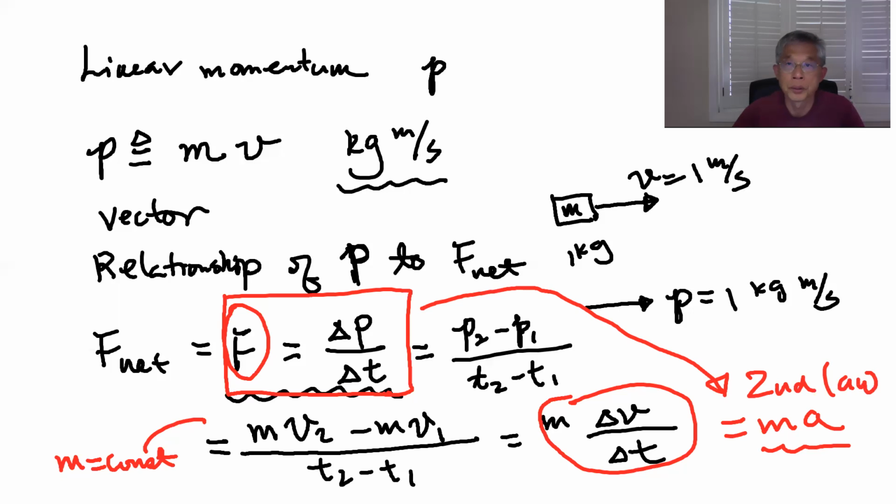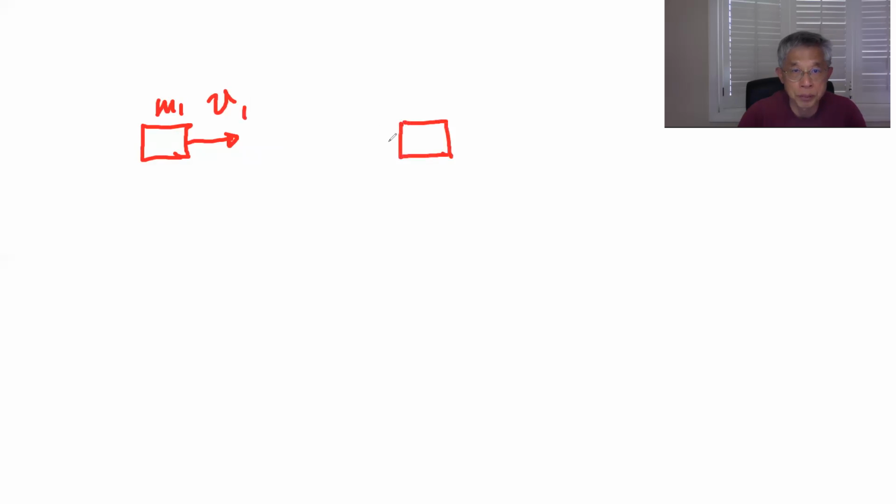All right, so we're going to continue to conservation of linear momentum. So we're going to talk about if I have a mass that's going this way, so m1, v1, and I have another mass that's going this way, for example, v2, and this is m2, okay?